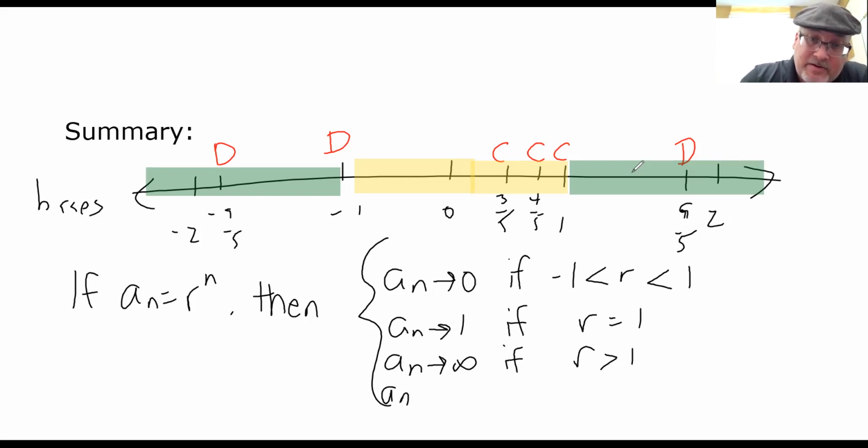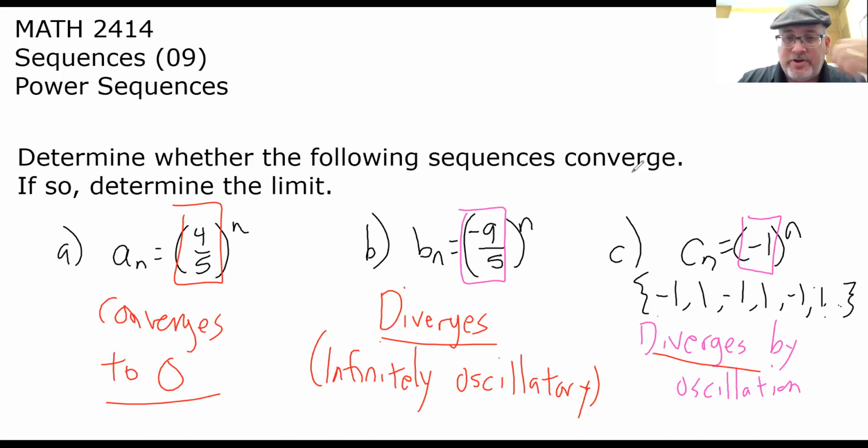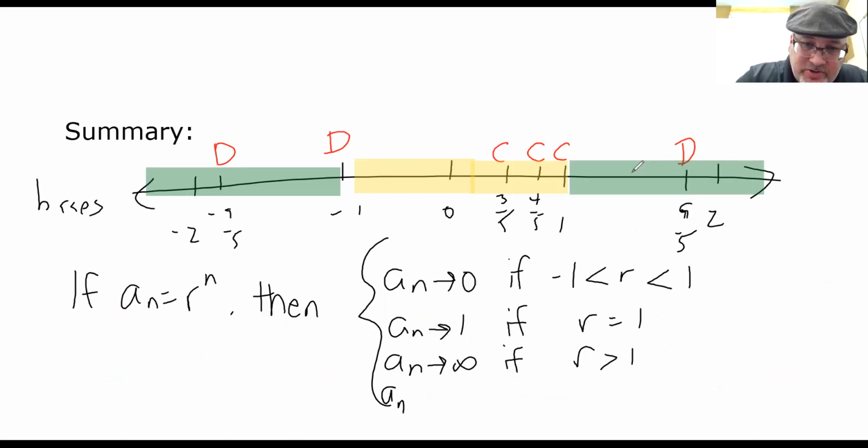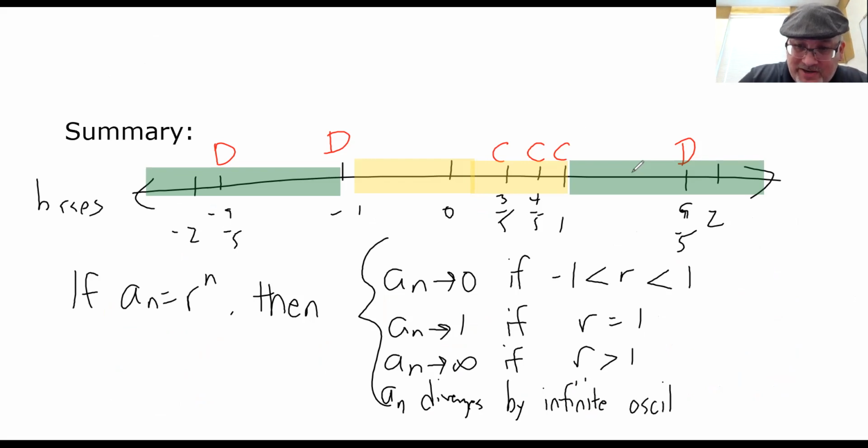And a(n) diverges by infinite oscillation if r is less than negative 1. The infinite is good enough, but I like to say that it's also oscillating.